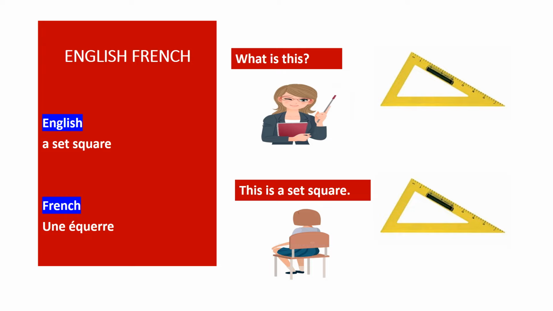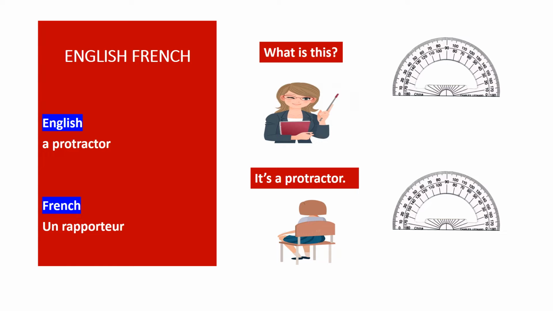What is this? This is a set square. What is this?